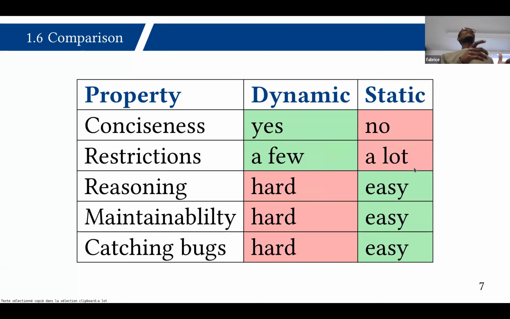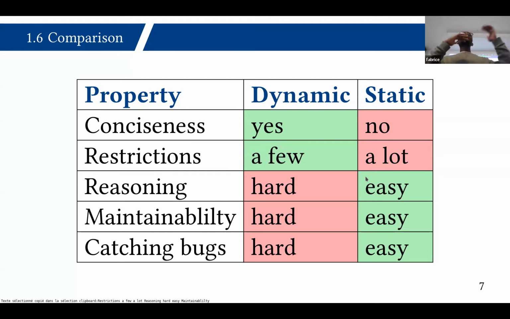But in static programming, we have a lot of restrictions. So for instance, that's something that can be weird, but in a language like C#, you can't add an integer to a float because those are two different types. So you need to convert them explicitly. So it's a bit annoying to work with. But the advantage with static typing is that reasoning is made easier because now you can build your own types.